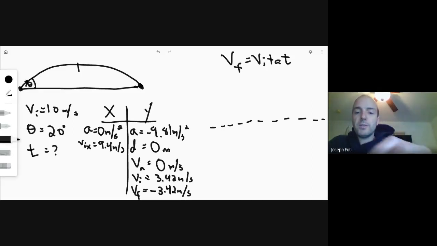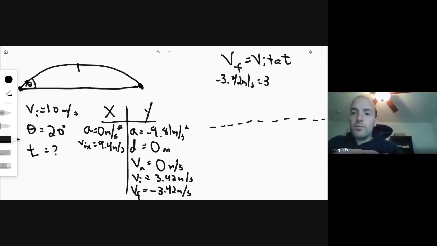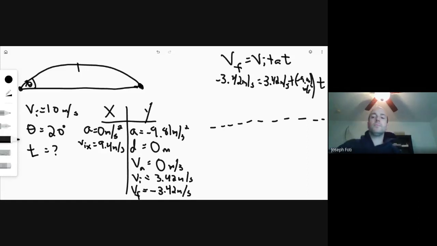So let's use this. We'll start with our final velocity, which we say down here is negative 3.42 meters per second, equals positive 3.42 meters per second plus negative 9.81 meters per second squared times time. Do some math. So we subtract 3.42 from both sides.